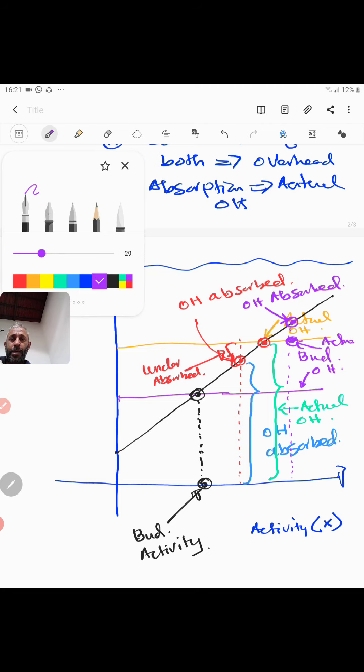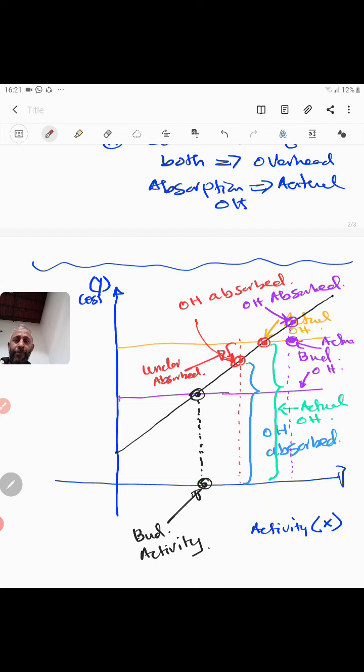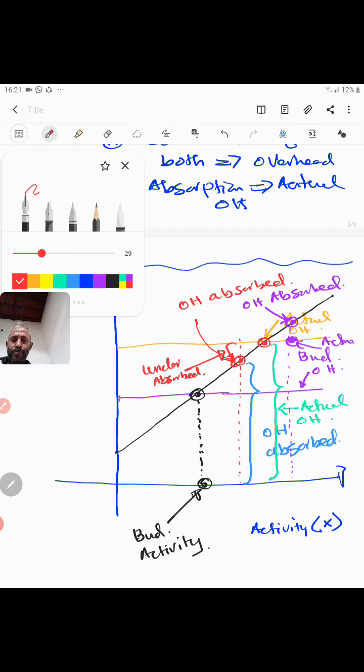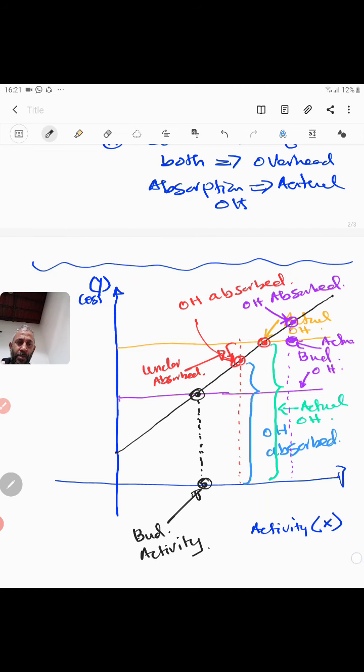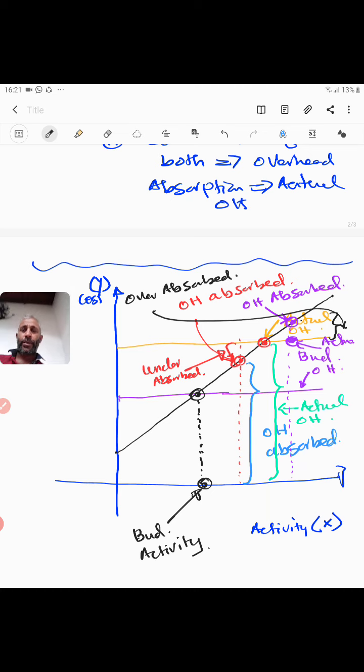In the second scenario, accordingly, this difference here is over absorbed. So this is how you graphically interpret the over and under absorption of overheads for overhead absorption calculation purposes.